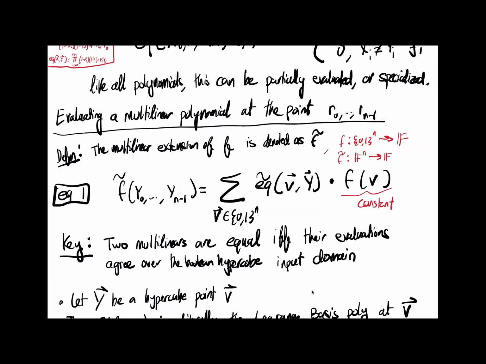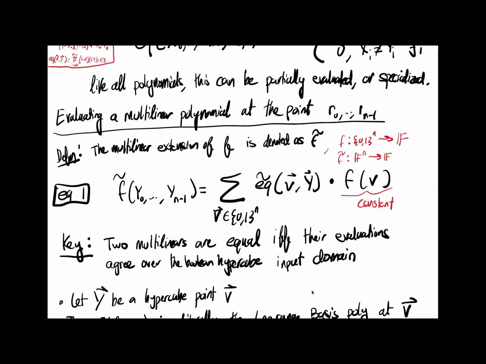So we can say that f tilde of these n variables y is equal to the sum taken over every single hypercube element, so every single bit string, of the EQ multilinear of V, y multiplied by f of V. So again, V is just one of the bit strings, and we're summing over all the possible bit strings, all 2 to the n of them. And what are we doing inside the sum? It's EQ of V, y multiplied by f of V, which is just some value, some constant.